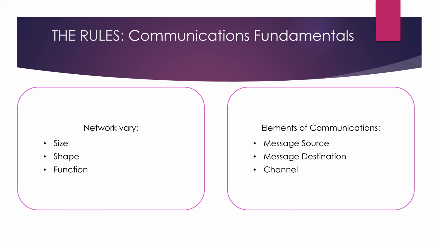A message destination is the receiver of the message and how he interprets the message, and the channel consists of the media that provide the pathway over which the message travels from the source to destination. So remember, we have the message source, which is the sender, we have the message destination, which is the receiver, and the channel.